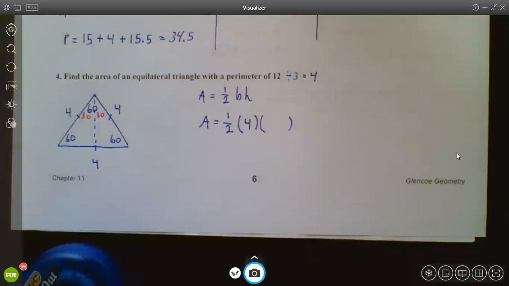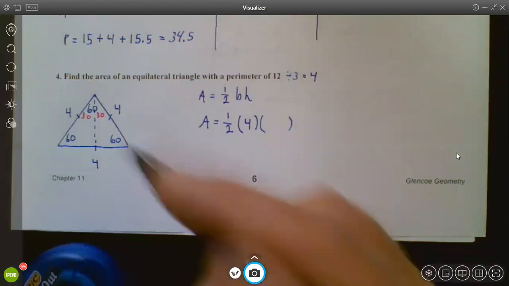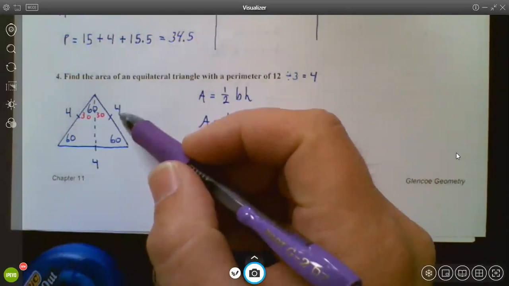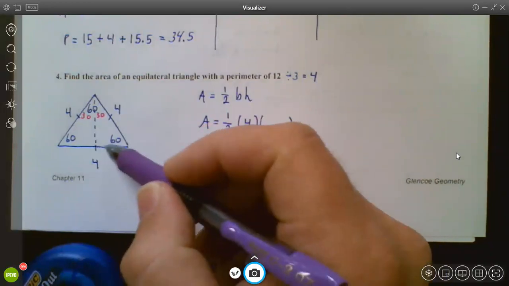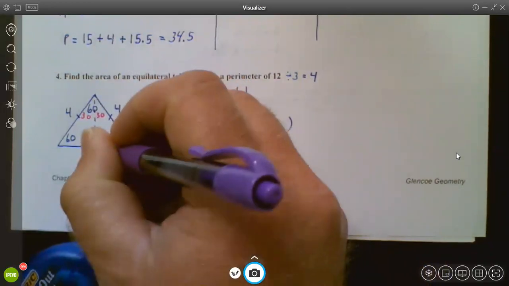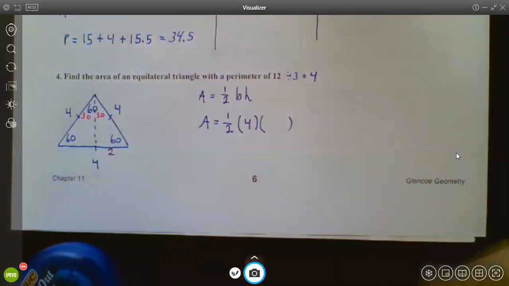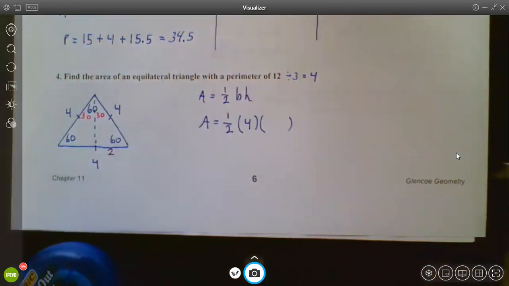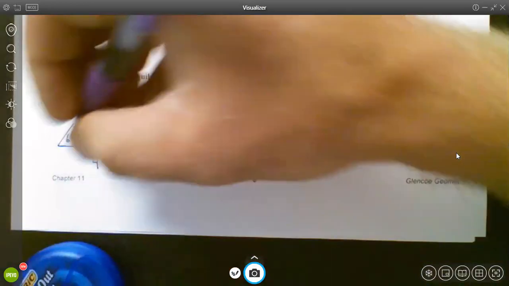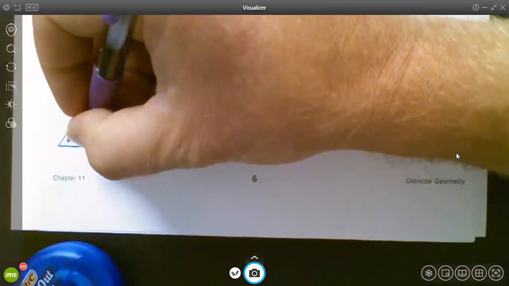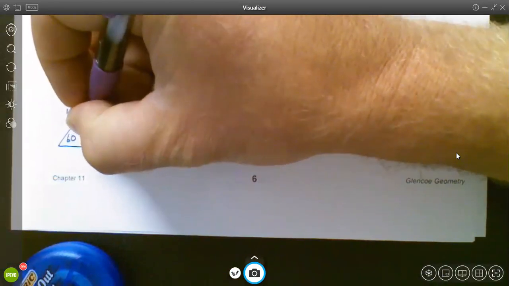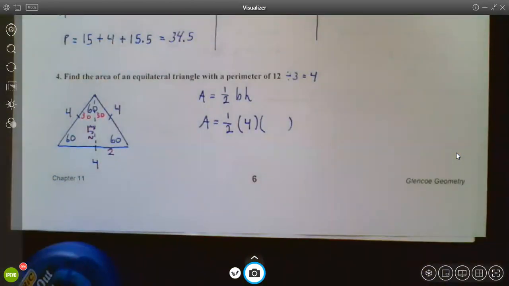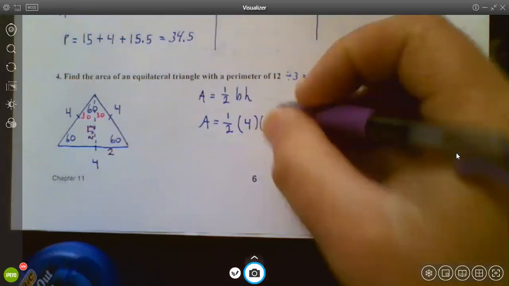Okay. So let me just throw in some numbers here. My hypotenuse is 4, which is why my short leg is half of that. So we know this is 2, and then from short leg to long leg, as we already talked about, we multiply by the square root of 3. So there's our little 30, 60, 90 pattern.